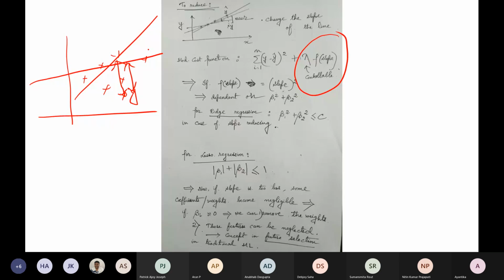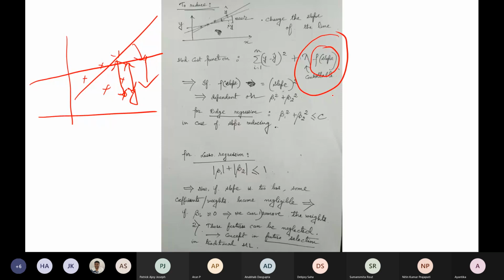The other part is a function of the slope, your existing slope. When you are changing this slope and controlling this parameter, your line is coming closer and your gap is reducing. That is, your objective is being satisfied. But what do you mean?